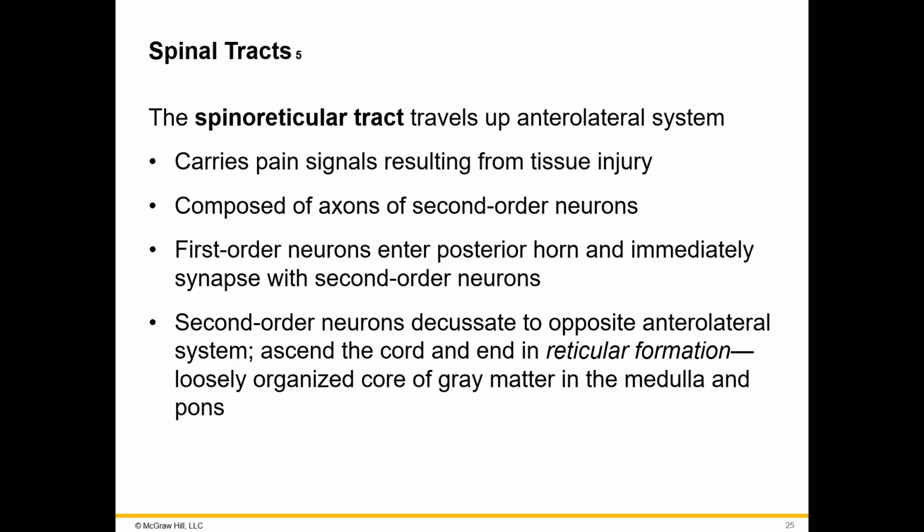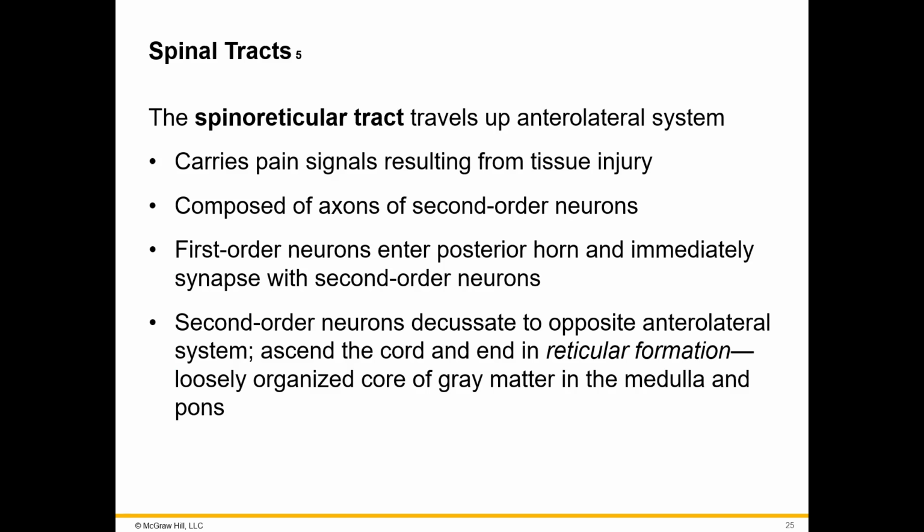Nobody needed to tell us that it is made up of second order neurons, because we already know that in order to be a second order neuron, you have to be carrying the stimulus from your spinal cord up to the thalamus or up to the brain. So that's enough to say spinothalamic, spine, thalamus, that has to be a second order neuron.